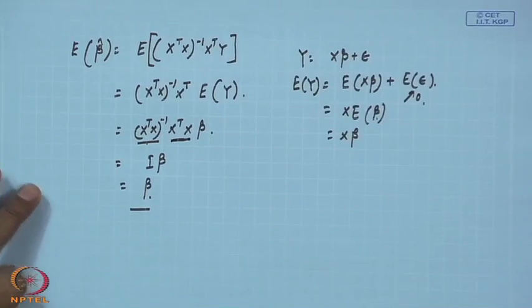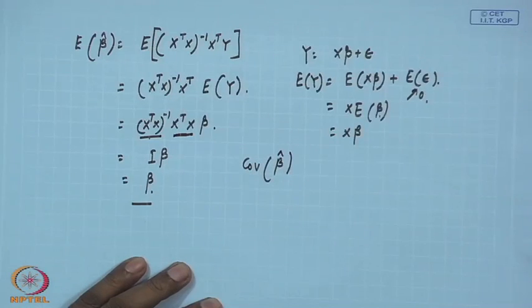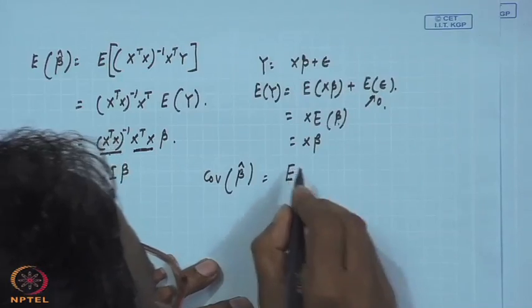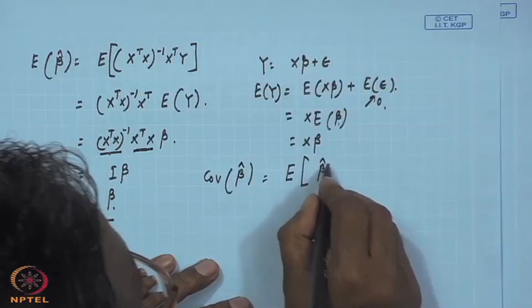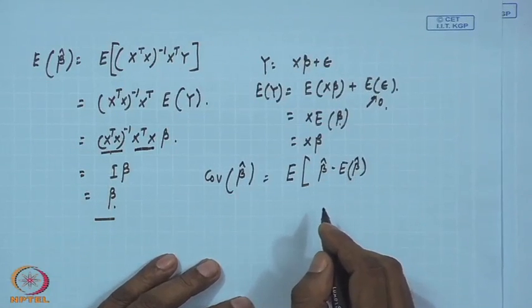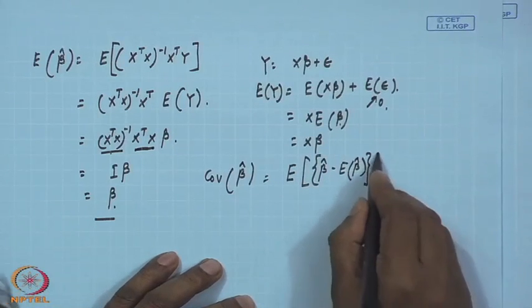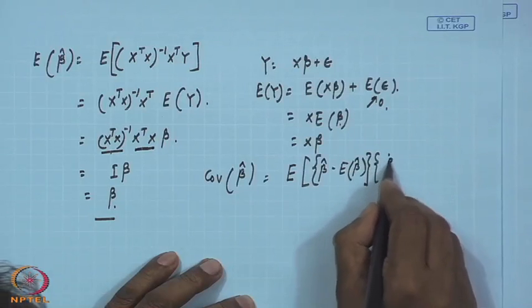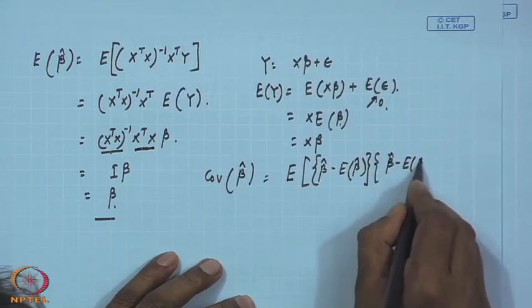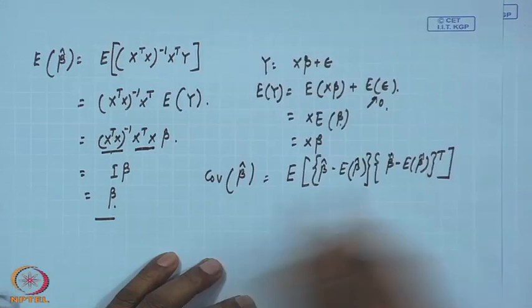What you require now? You require covariance of beta cap. So, this can be written like this: expected value of beta cap minus expected value of beta cap, this into beta cap minus expected value of beta cap, this transpose.